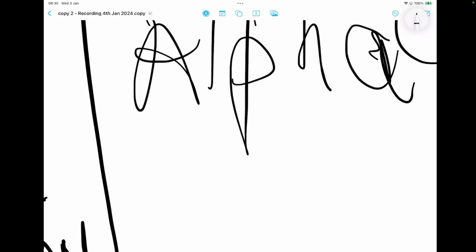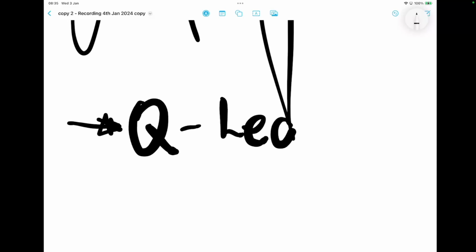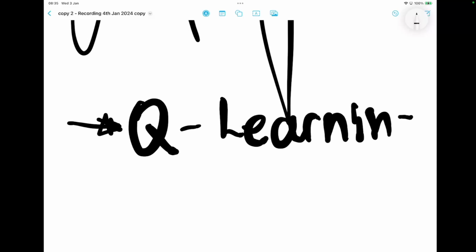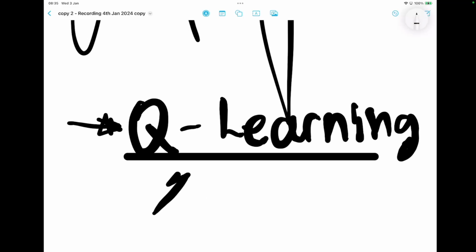Apart from the basic framework of reinforcement learning, what algorithms are most promising? Well, I'm very enthusiastic about Q-learning. And if you are going to focus your time on learning any one algorithm, this could probably be the one to focus your attention on.